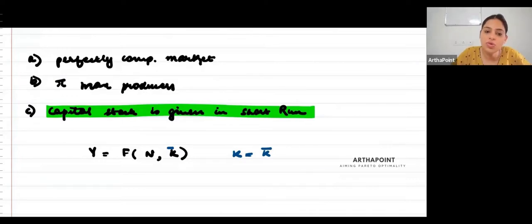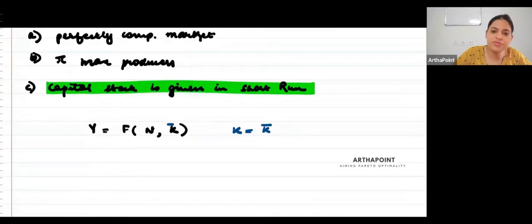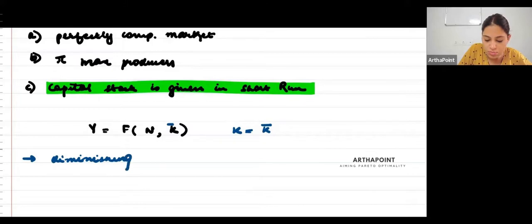Now, we know some of the rules of marginal productivities, that we have diminishing marginal productivity.